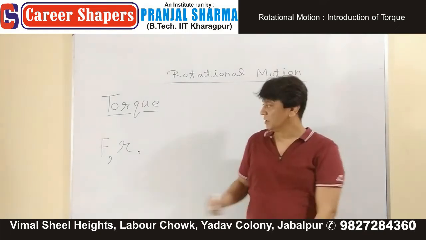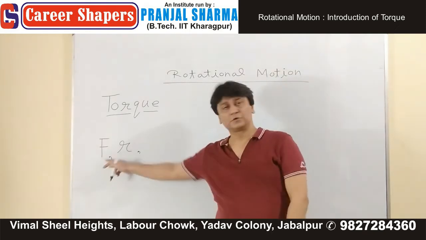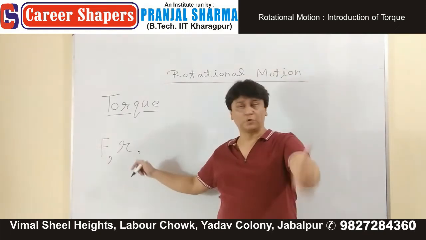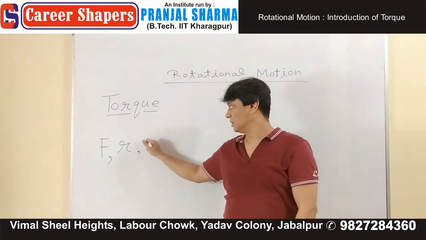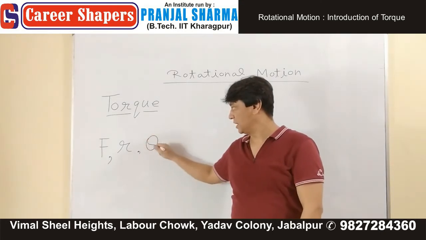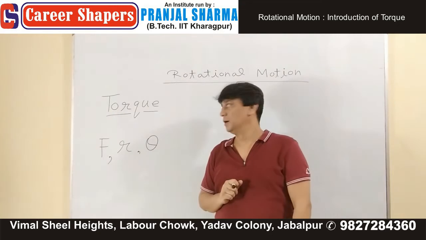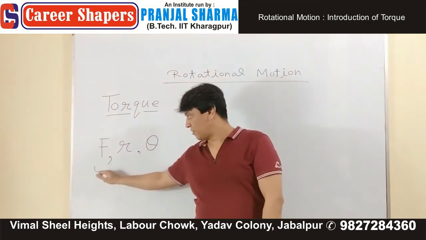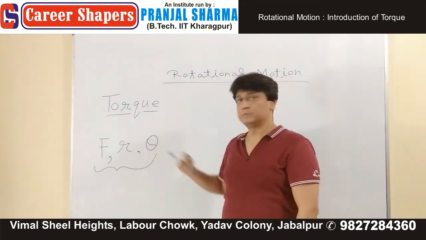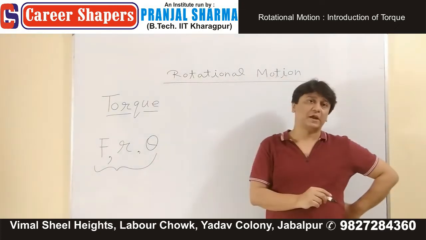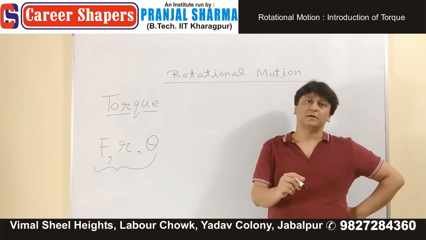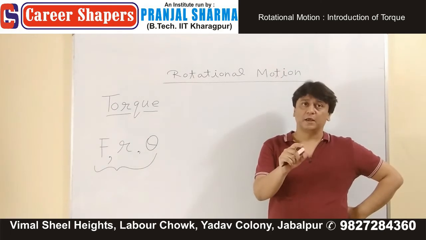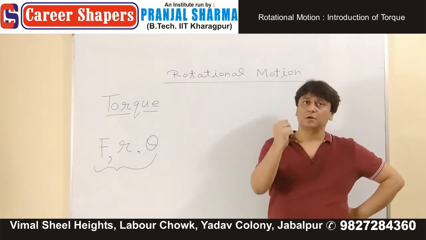That means apart from force and position, we also need direction. Direction is given by theta. If we have information of these three, then only we can decide whether a body can rotate or not.